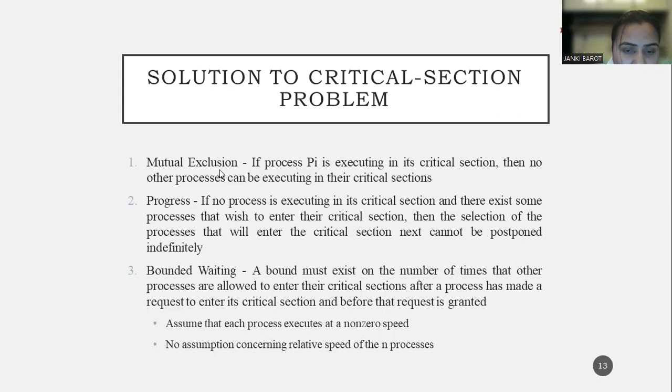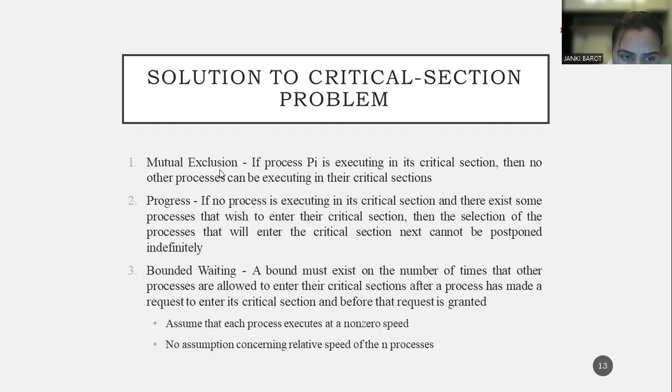Assume that each process executes at a non-zero speed, with no assumption concerning the relative speed of the n processes. What does it mean? There must be a bounded wait, right? No starvation will be allowed, right?